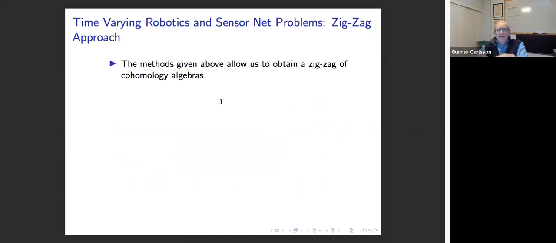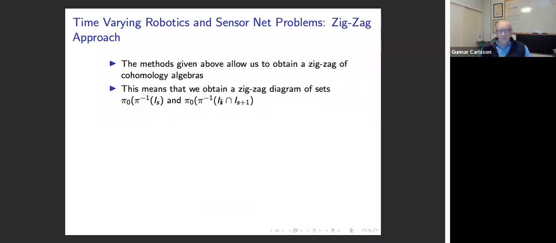Now the methods from above allow us to obtain a zigzag of cohomology algebras. We've got the cup products of the cohomology algebras. In particular, I can compute the H0 of the uncovered region. So we can obtain a zigzag diagram of sets, which is π_0 of π inverse of I_s and π_0 of π inverse of I_s intersect I_{s+1}.